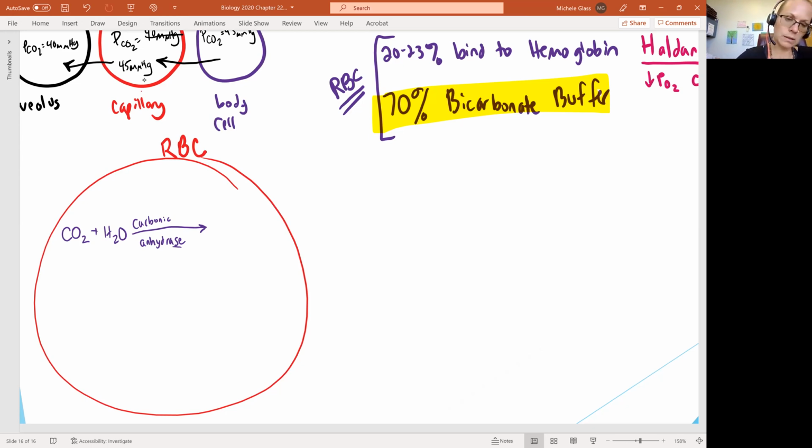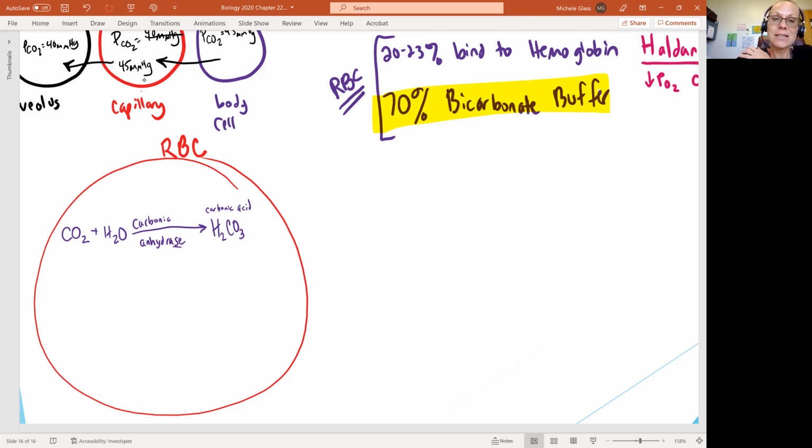What happens is this is going to produce carbonic acid. We talked about how where you have a lot of CO2, that's a result of metabolism, and there's a relationship there with our low pH. Because carbon dioxide gas combines with water to make carbonic acid, that's an acid, so that's going to lower your pH.